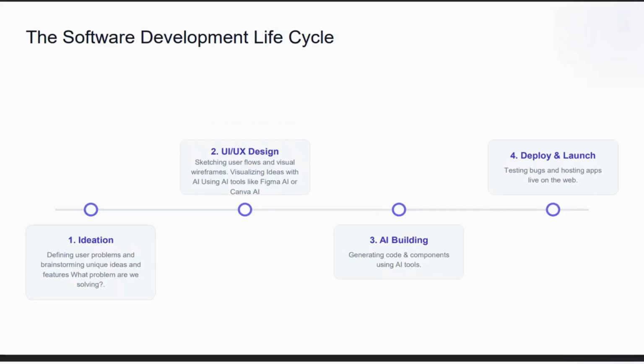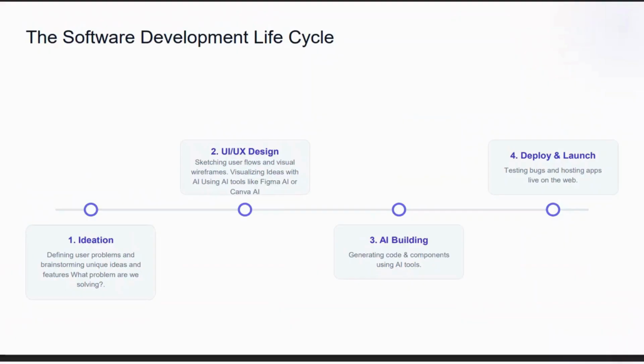After the ideation stage, it's now the UI UX design stage. The UI UX design stage is where you sketch the user flows and the visual wireframes. You visualize the idea. Mostly, you can use AI tools like Figma or Canva AI to design the idea and bring it to a physical design. Then once you have this, you use your AI to build the website or application.